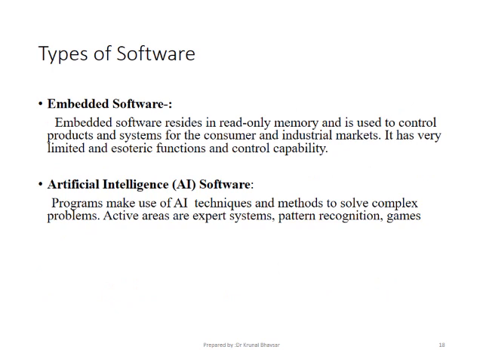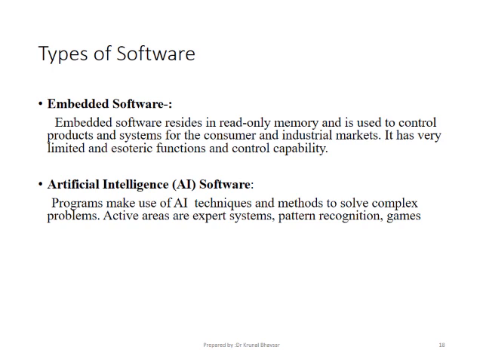Next is embedded software. Embedded software resides in read-only memory and is used to control products and systems for the consumer and industrial markets. It has very limited and esoteric function and control capability. So that is your embedded software.